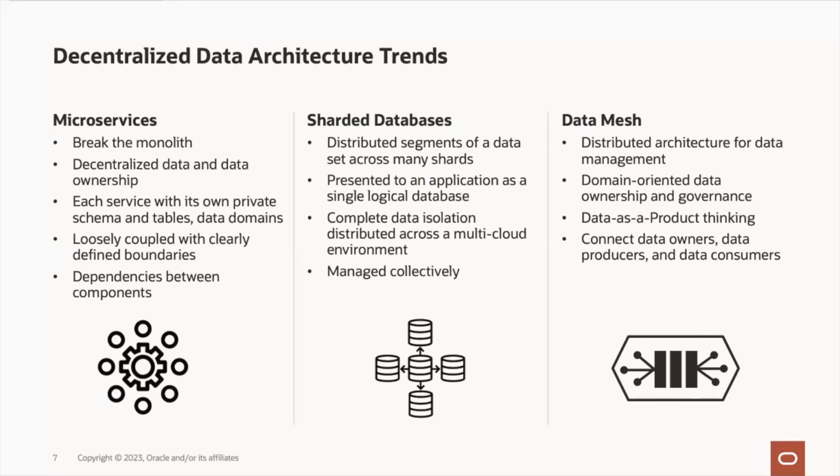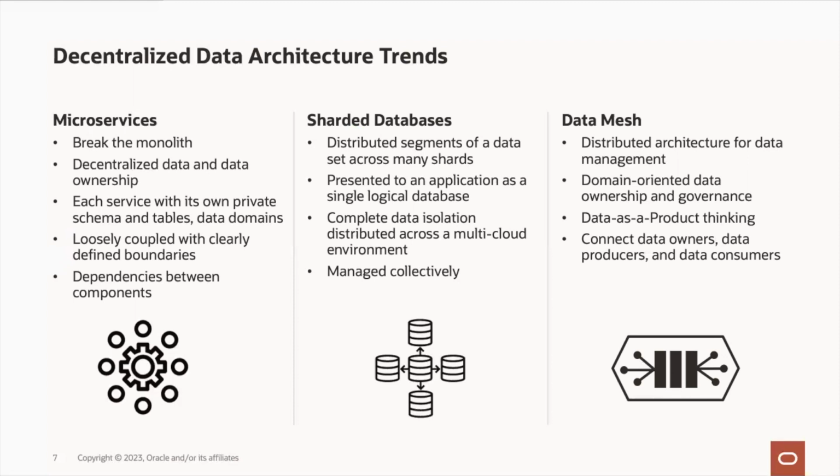Microservice applications are designed as loosely coupled services with clearly defined data and functional boundaries rather than as a single monolithic application and database. Sharded databases distribute data sets across multiple physical databases or shards, possibly in different geographic locations, but presented to the application as a single logical database.